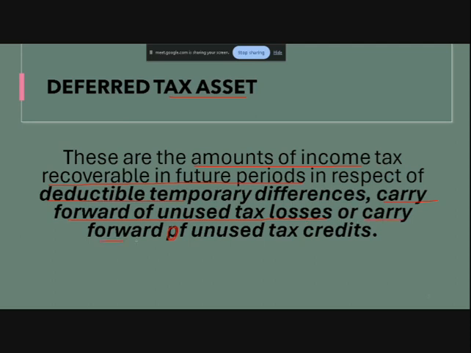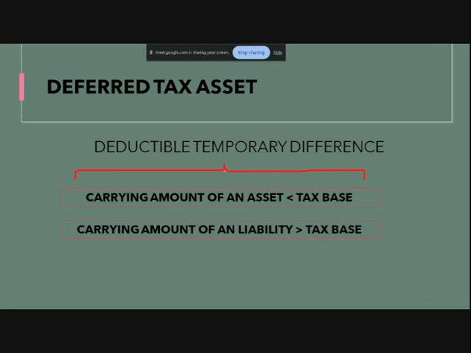Anyway, there is also carry forward of unused tax credits, and due to any of these three things, a temporary difference, a deductible temporary difference, might arise. So we might receive some tax in the future periods, and that will constitute a deferred tax asset. So in the case of a deferred tax asset, it is not a taxable temporary difference, it is a deductible temporary difference.